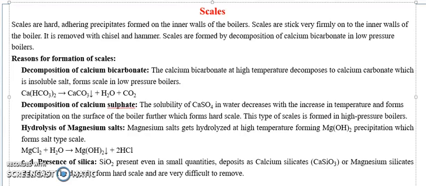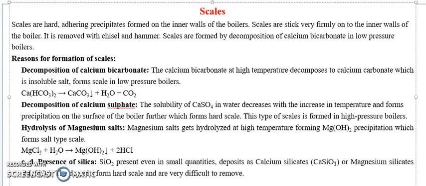Second, decomposition of calcium sulfate. The solubility of calcium sulfate in water decreases with rise of temperature. The solubility of calcium sulfate is 3200 ppm at 15 degrees Celsius and reduces to 55 ppm at 230 degrees Celsius.